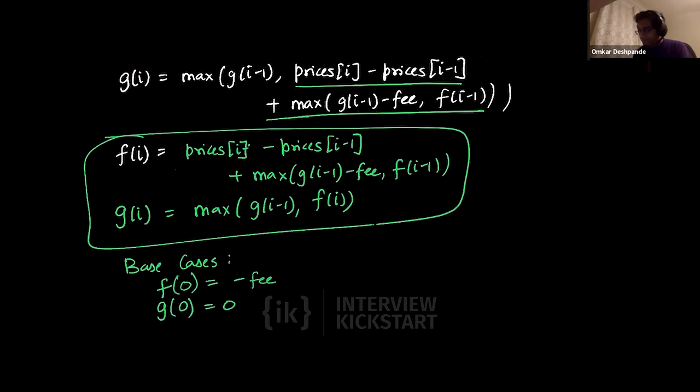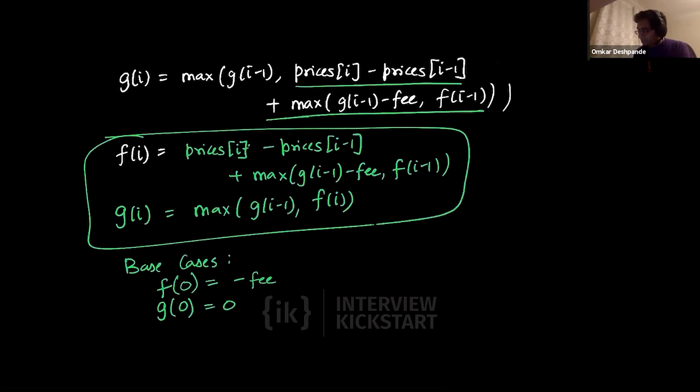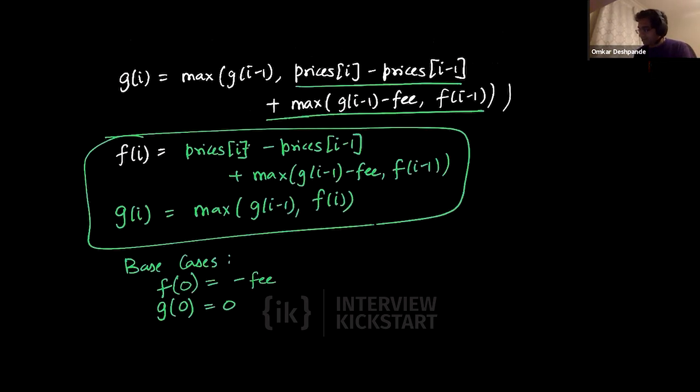It is the delta in the price plus the max of, at this stage I'm not even thinking, I'm just copying whatever the recurrence says, g of I minus 1 minus phi, and f of I minus 1.